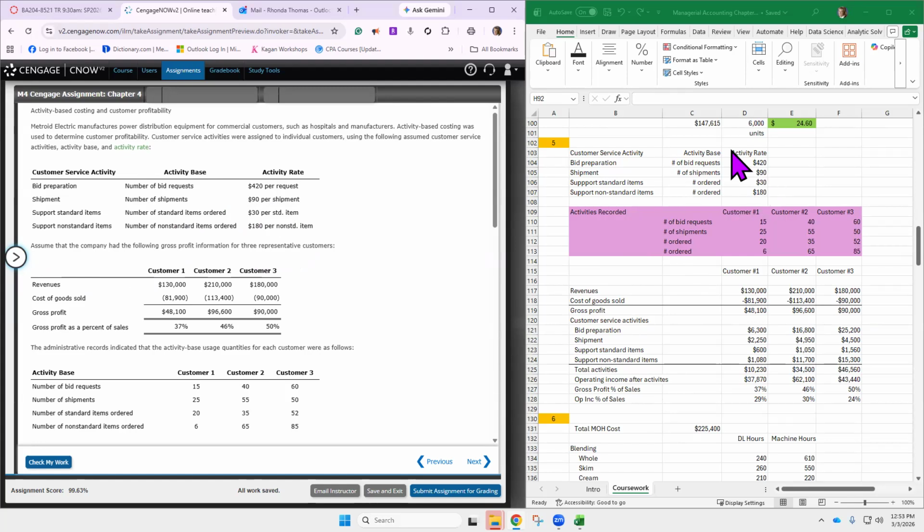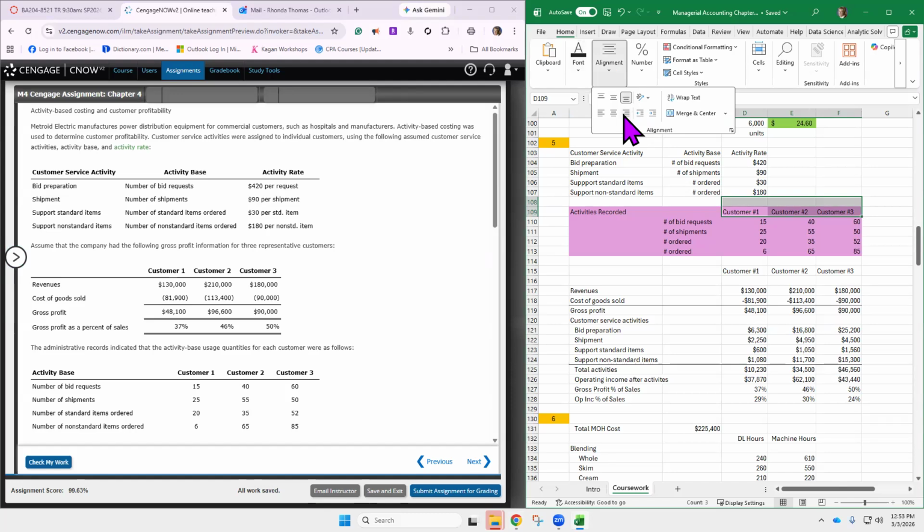Okay, so I have these right here, and then I have the records that they have right here. So I put this in next. This is the records of what they recorded for each customer, customer 1, 2, and 3. You need to fill in a table that does this for you.